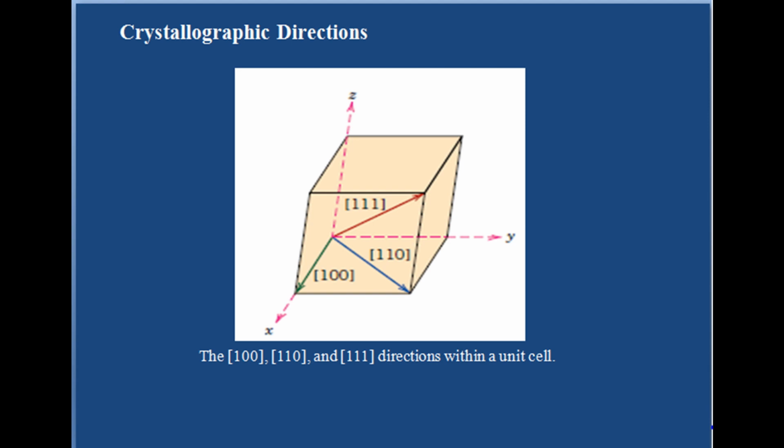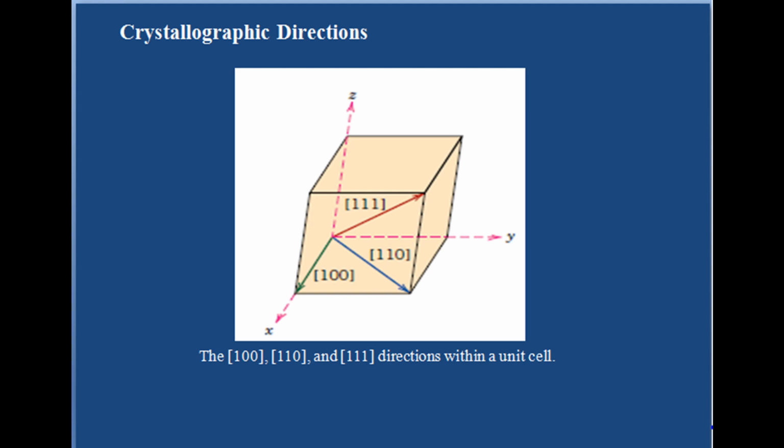For example, the direction [1 1-bar 0] would have a component in the negative y direction. Also, changing the sign of all indices produces an antiparallel direction.